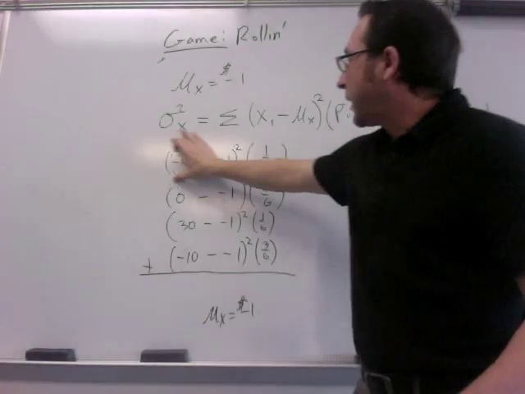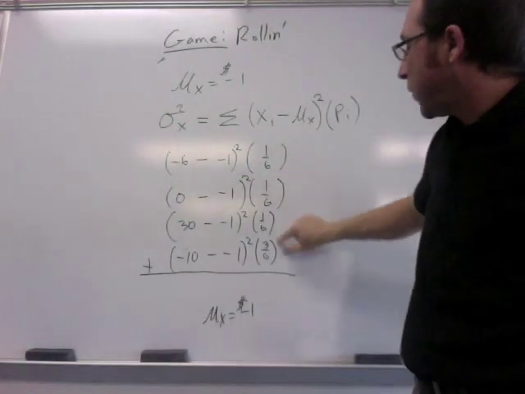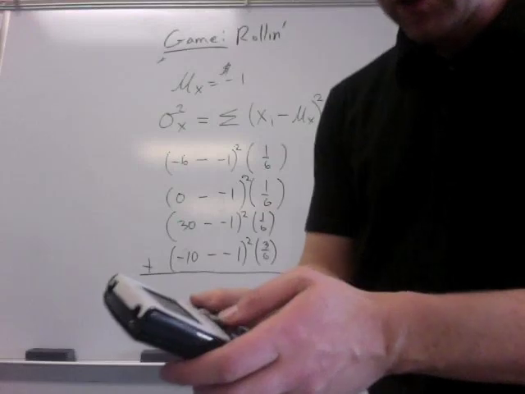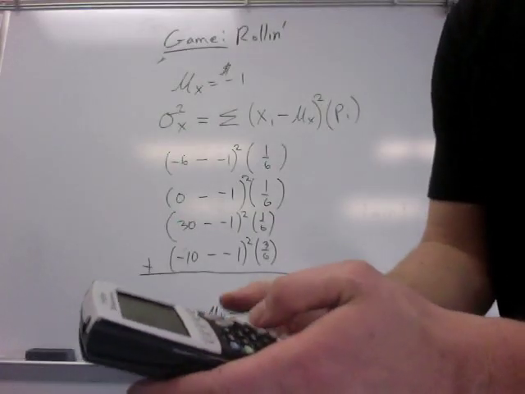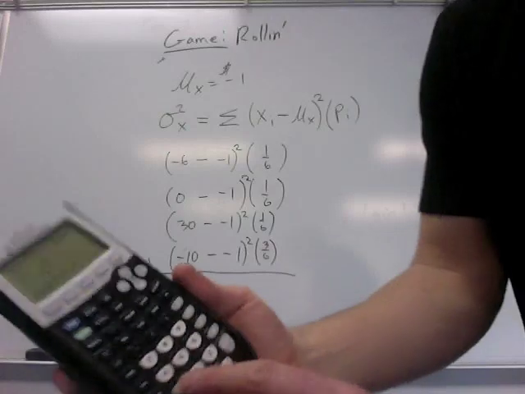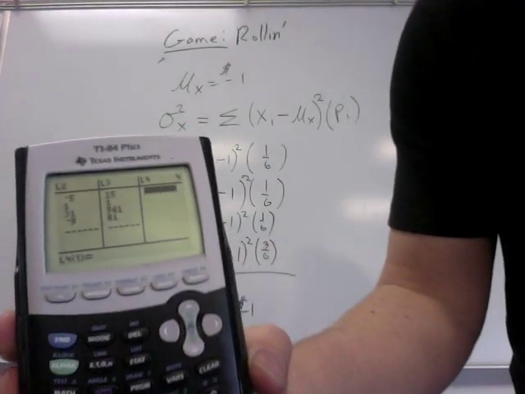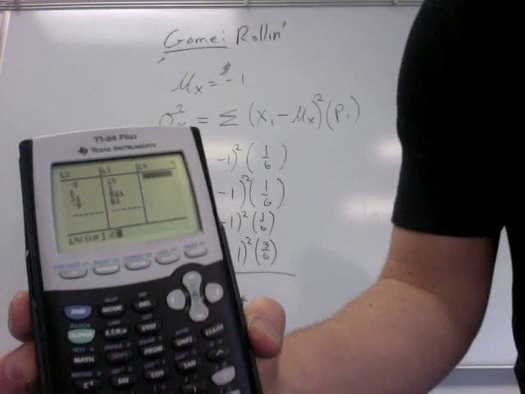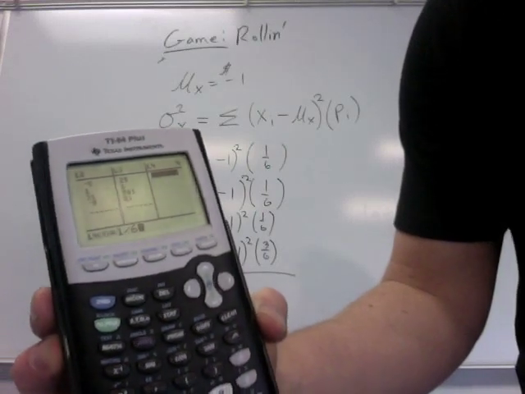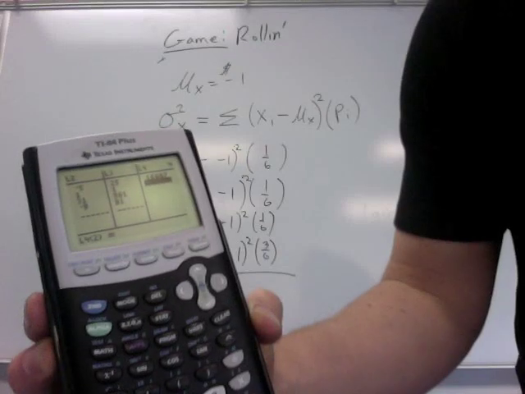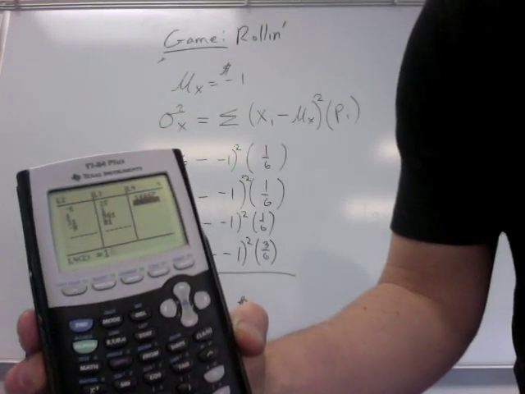I want to take List 3 and multiply it by each of the individual probabilities. So I go to List 4, and I can type in one by one the matching probabilities that go along with each of those x's.